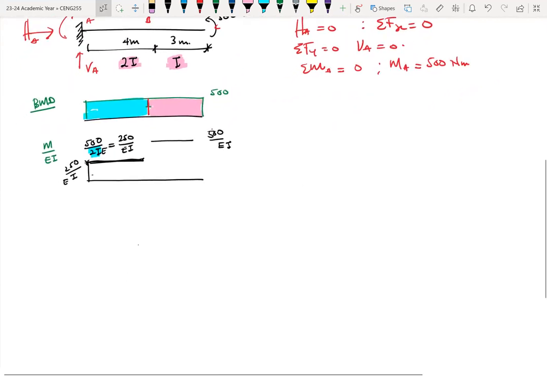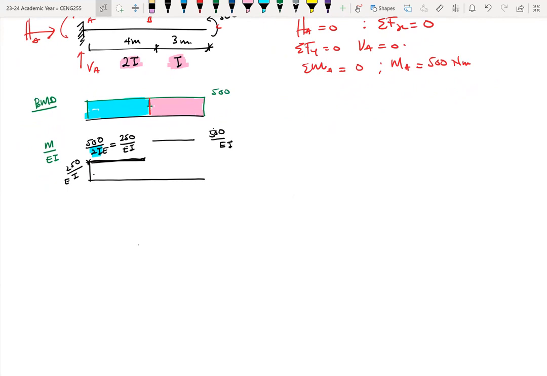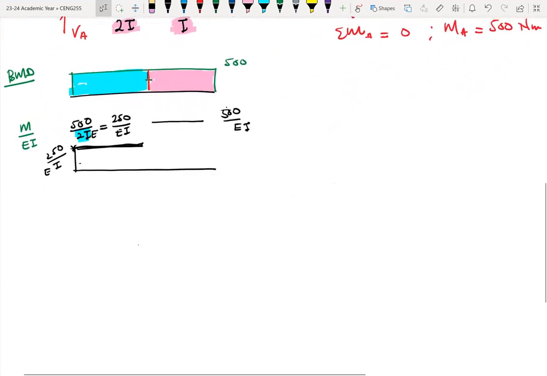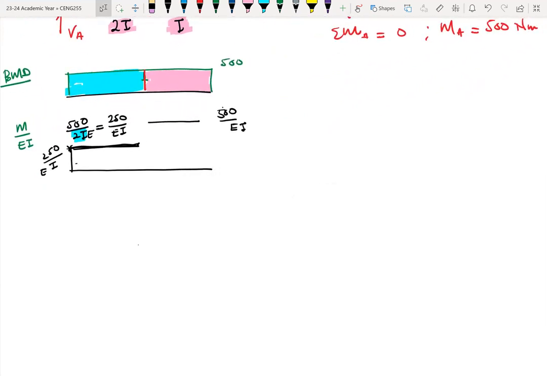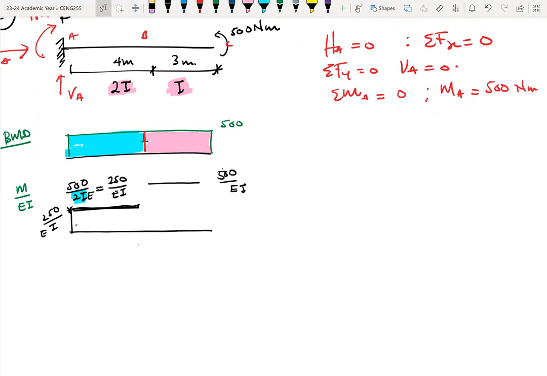Okay, let me finish this and I'll go over the MA. Okay. So between B and C, there's no change in the I value, so the I is still the same. So it means that here there is an increase. Okay.